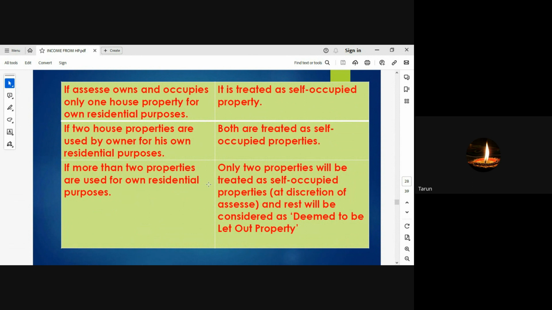So definitely it is a self-occupied property, because you occupy such a floor or particular flat for your own residence.